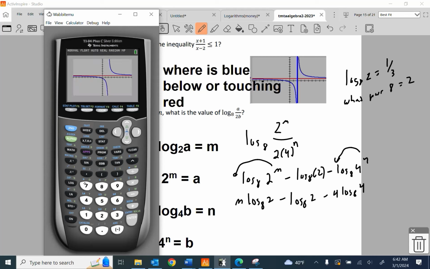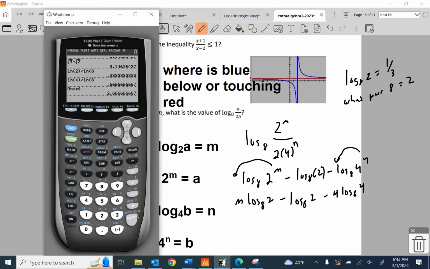You can just do your change of base technique: ln 2 divided by ln 8. There's your third. Now, how about this one? That is ln 4 over ln 8, which is 2/3. And then we have the times the n.